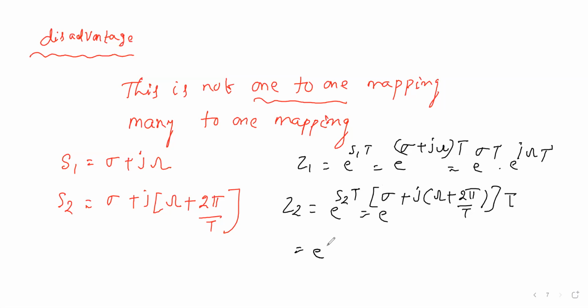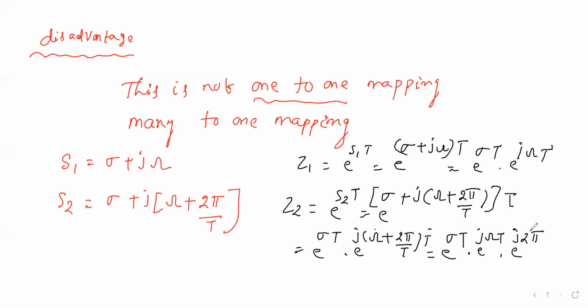Then what do we get? e to power sigma t multiplied by e to power j (omega plus 2 pi by t) multiplied by t. That is e to power sigma t multiplied by e to power j omega t, multiplied by e to power j 2 pi by t multiplied by t. It is e to power j 2 pi.